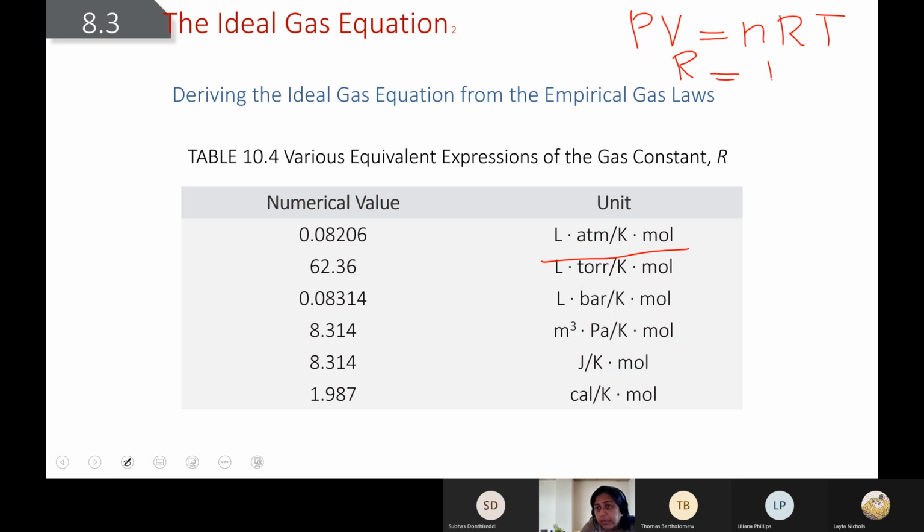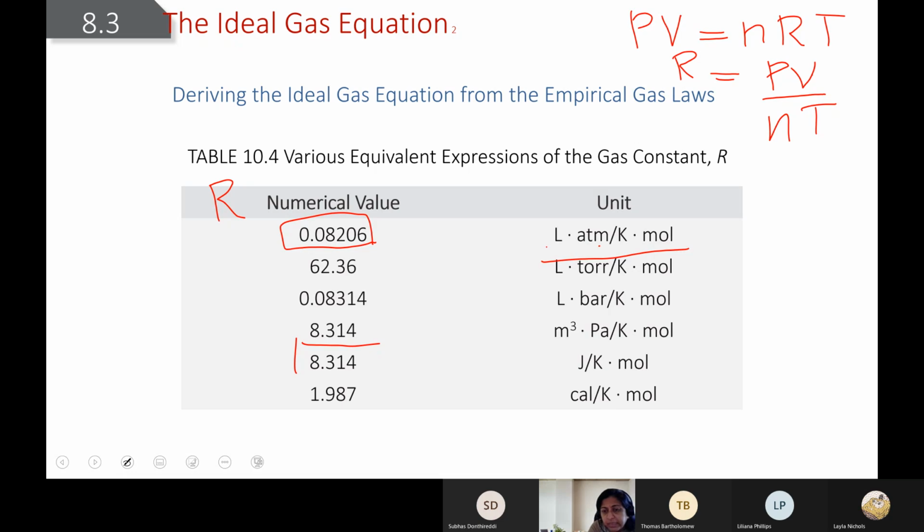Then it is PV divided by nT, right? So if the pressure is applied in atm and the volume in liters, and the amount in moles, and the temperature always in Kelvin, then the numerical value for R is 0.08206.